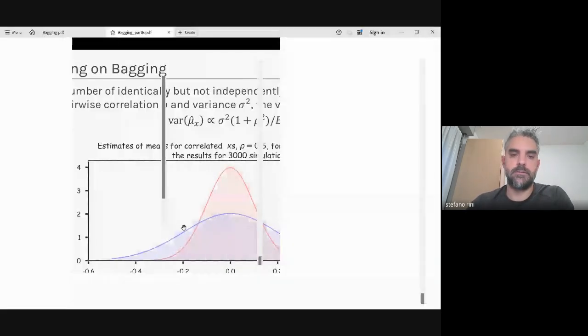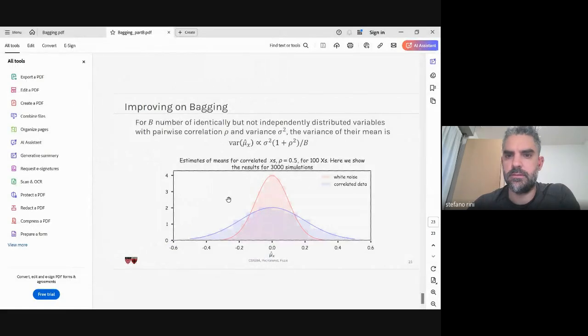Why did the slides freeze? Okay, we have to switch to part D of the lecture. Let me change my slide set. Back in part B, back in part C. So this brings us to the next topic, which is random forests.